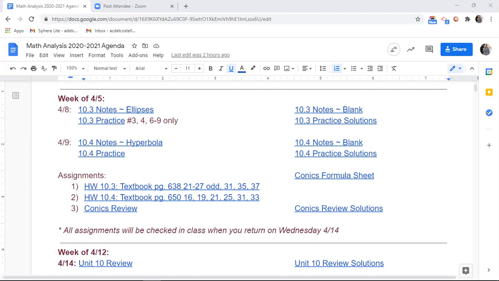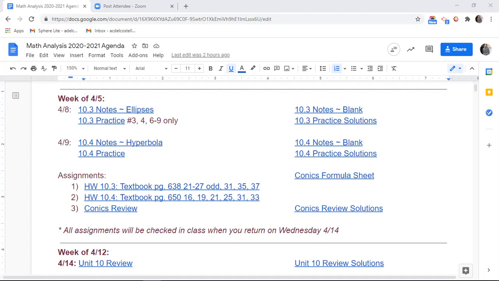If we have a horizontal major axis, an ellipse kind of looks like an oval almost. It's going to have that kind of shape to it. And opposite that, when you have a vertical major axis, that's going to look more like this. Okay? So you've got something to characterize those for yourself.